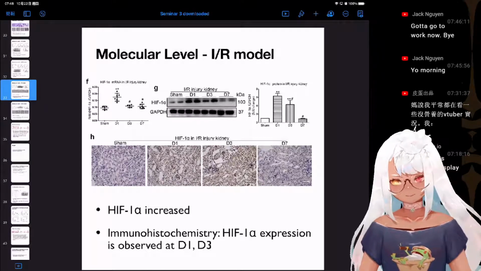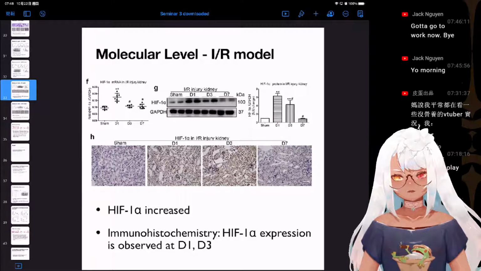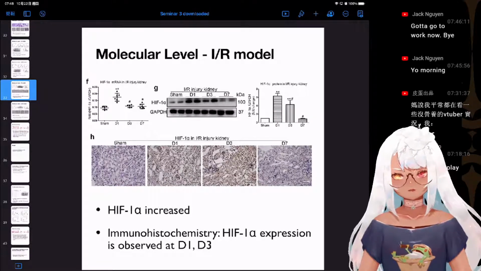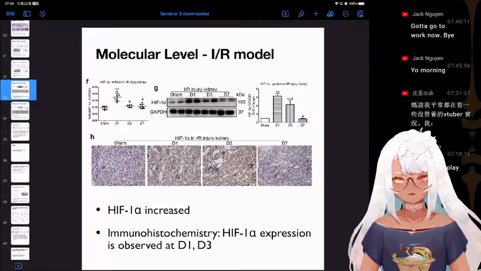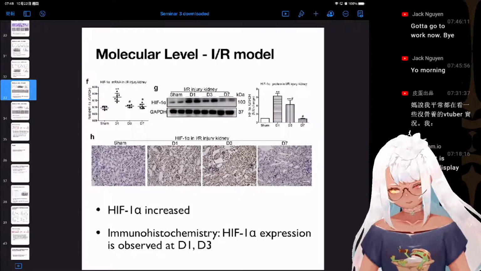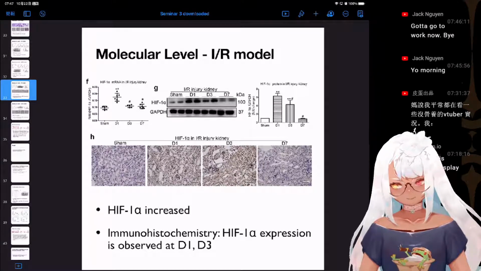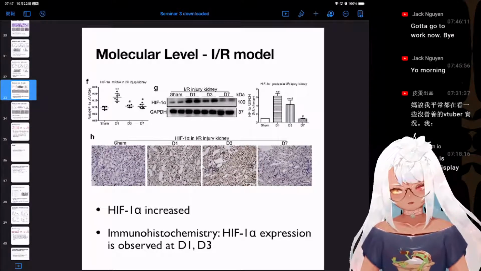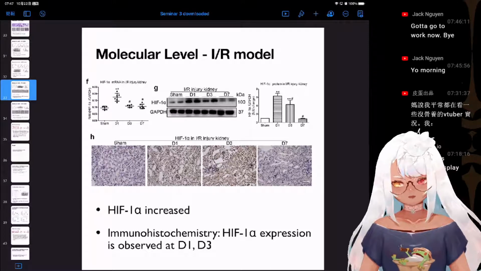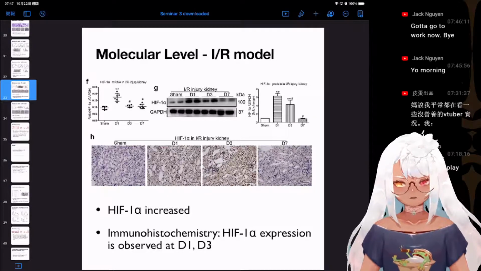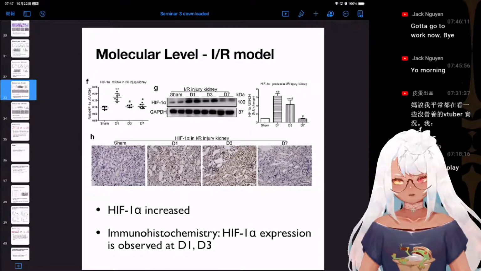If it is, then this proves there is a possible association between HIF1 alpha and TI induction. In RT-qPCR there's a significant increase in TI at day 1. In terms of protein using Western blot, we can see an increase of TI at day 1 and day 3 after the IR kidney injury.